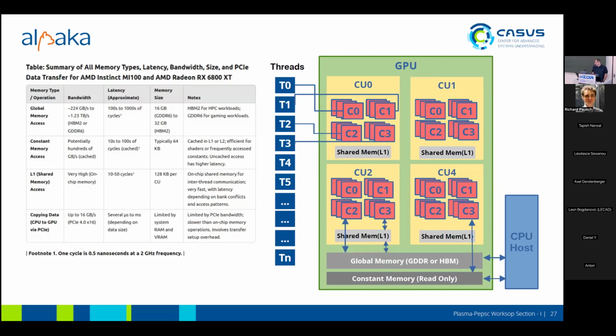GPU global memory is slower, but all threads of the grid can access the global memory, which is here. Shared memory is a block-level memory and a fast memory. All threads in the block can access it. We will have a session using global memory first.